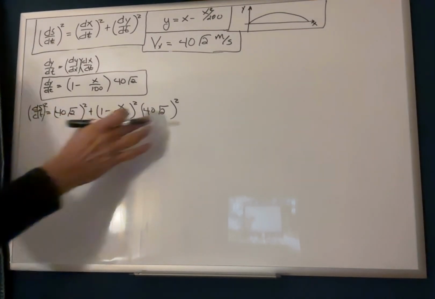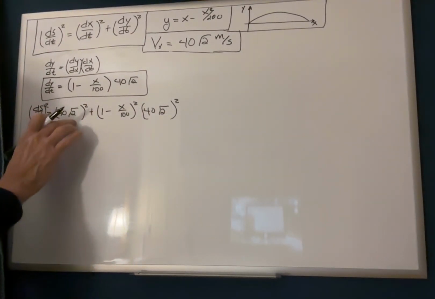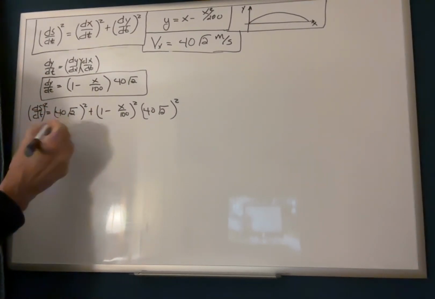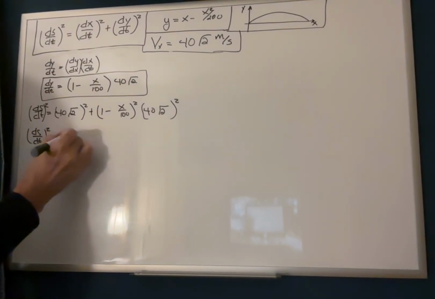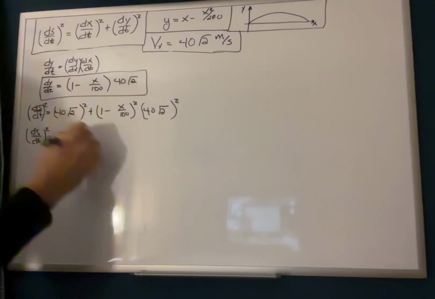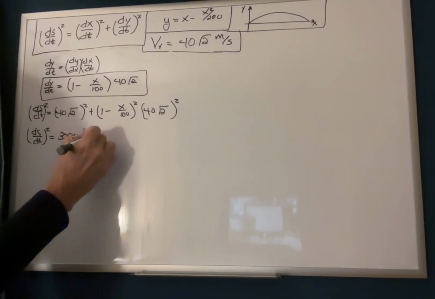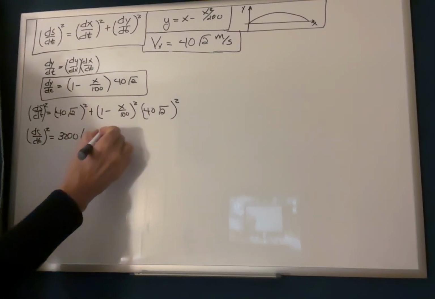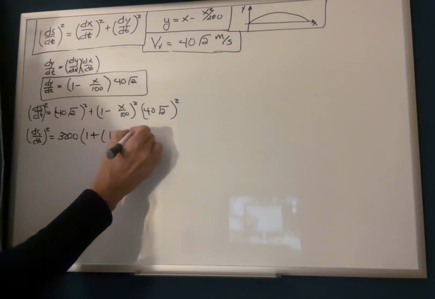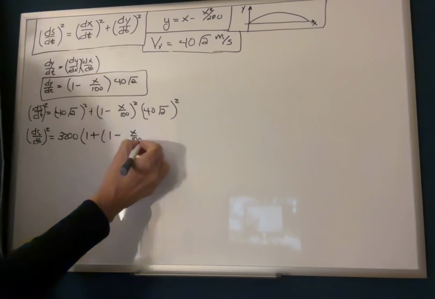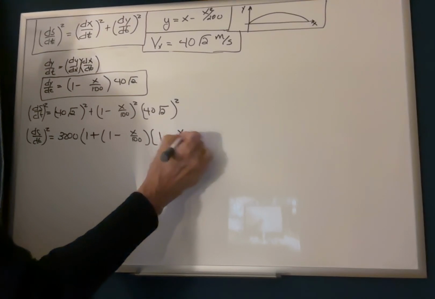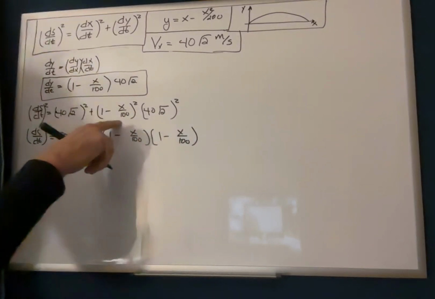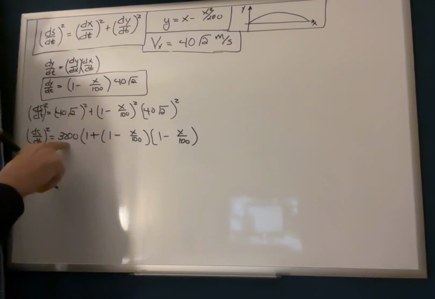All right, so we can factor out the 40 times the square root of 2. So (ds/dt) squared is equal to 3200, because that's basically what this is. We factor that out, we're going to get 1 plus 1 minus x divided by 100, times 1 minus x divided by 100. So basically we squared this thing and we pulled this out.